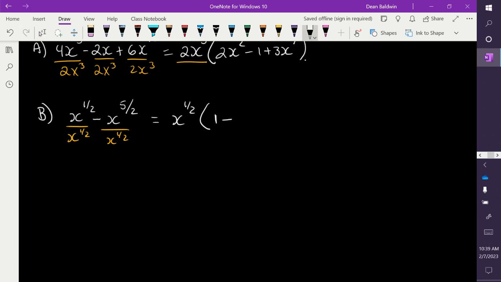What do you do with the exponents? What's 5 over 2 minus 1 over 2? 4 over 2, which is? That's it. All right. Does that make sense? It's the same principles you've always been using.